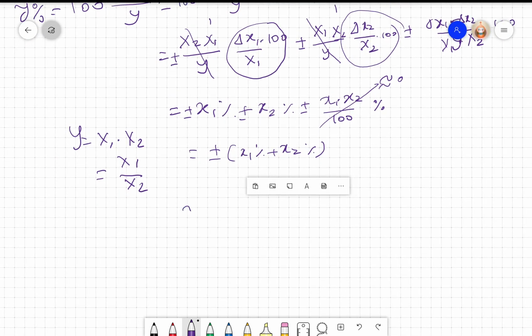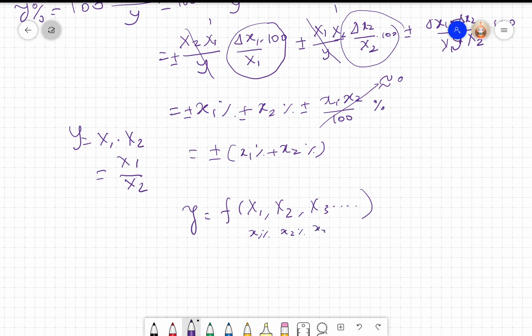Let me say y is a function of x1, x2, x3, dot dot dot, where x1, x2, x3 are all measured variables with x1%, x2%, x3%, and so on. Let's say xn%.